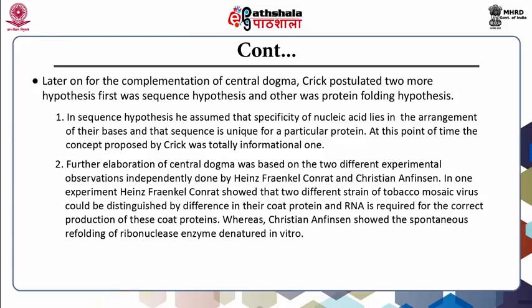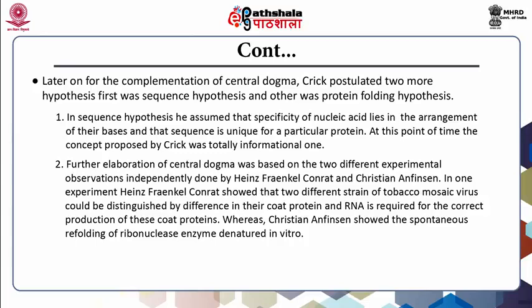For further elaboration, the central dogma was based on two different experimental observations done by Heinz Fraenkel-Conrat and Christian Anfinsen. In one experiment, Fraenkel-Conrat showed that two different strains of tobacco mosaic virus could be distinguished by differences in their protein coat, and that RNA is required for correct production of these coat proteins.